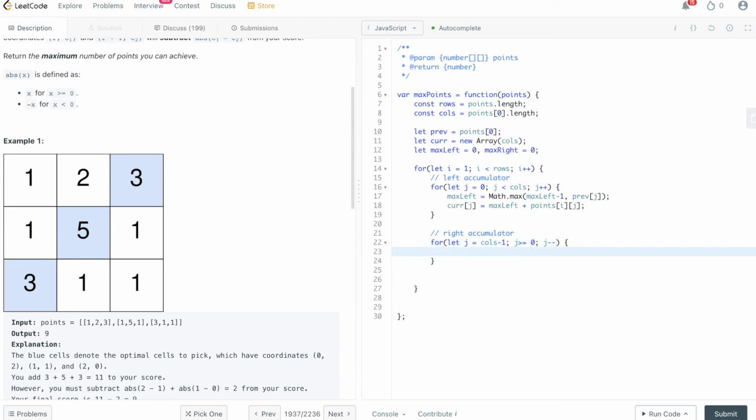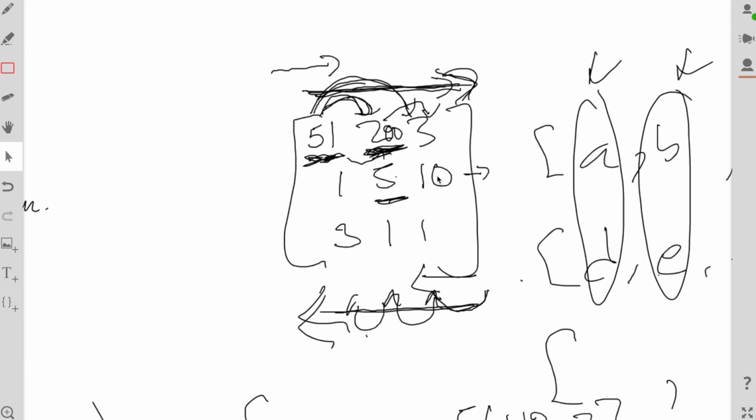And now we're going to use this max right. Similarly, max right is going to be equal to math.max of max right minus 1. We're subtracting 1 for the same reason: if we're always looking back 1, then we have to subtract 1 from the largest value that's being brought over.